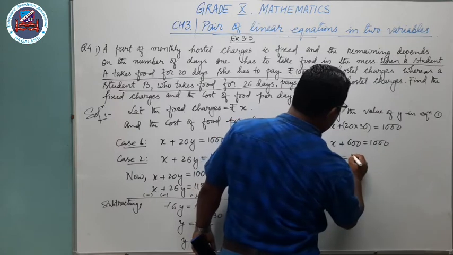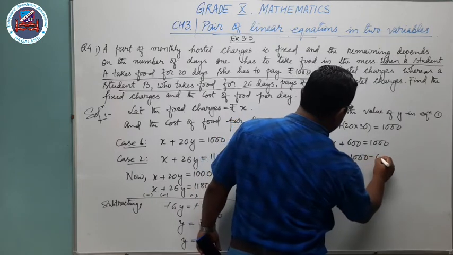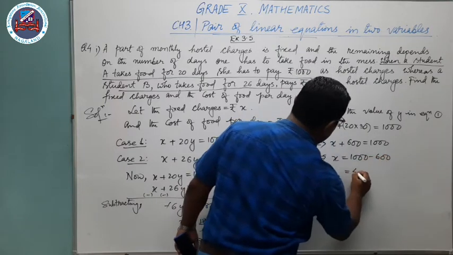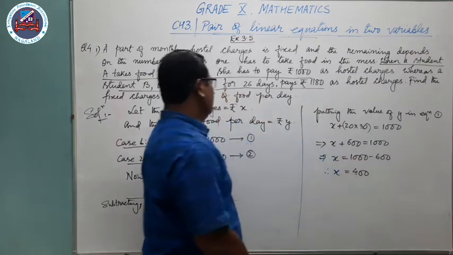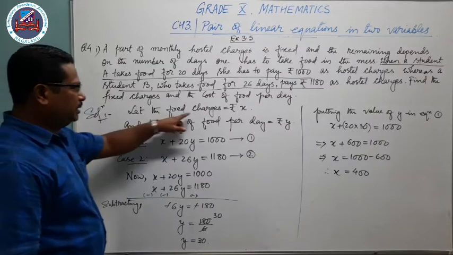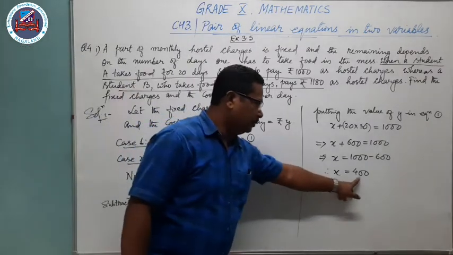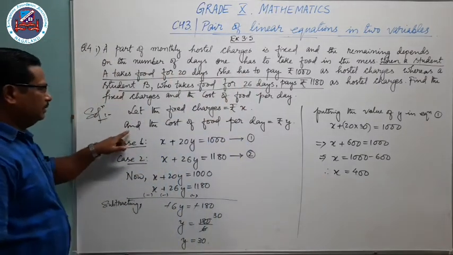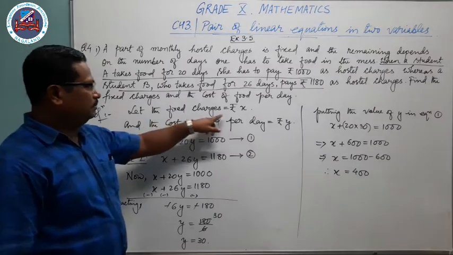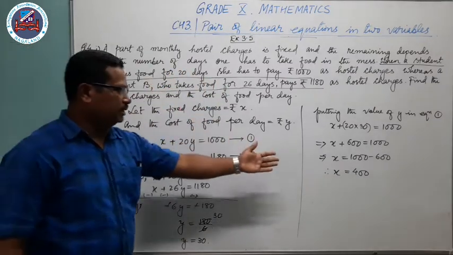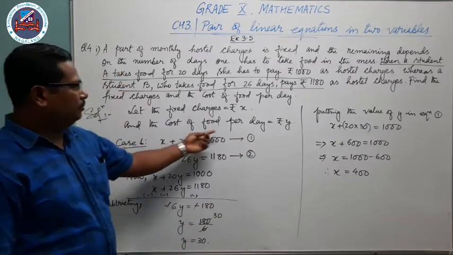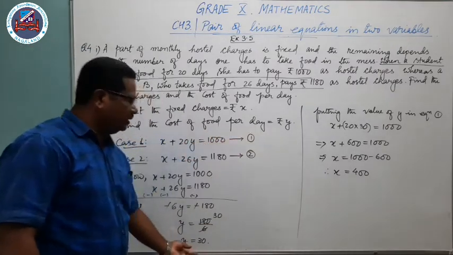And x will be 1000 minus 600. It will give you 400 rupees. So from here you can conclude it. The fixed charge is rupees 400 per month, though it is not mentioned here, it will be per month only. Fixed charge is 400, and the cost of food per day is rupees 30.